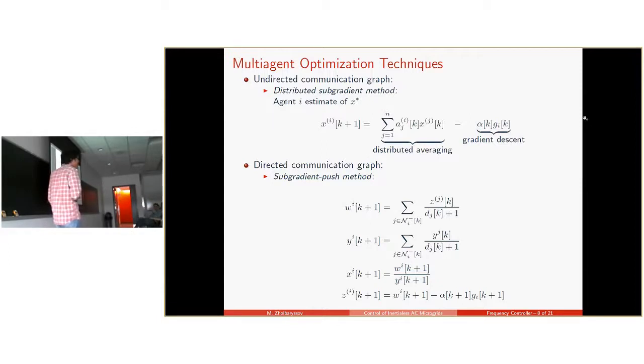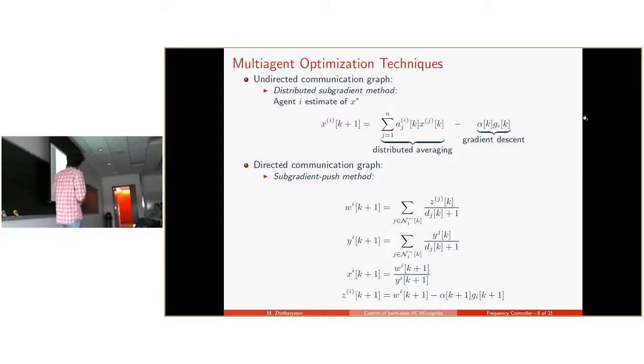Now, if we apply this method to solve a multi-agent optimization problem over a directed communication graph, we will face one issue. Some nodes which are more centrally placed in the network or more strongly connected to the network tend to be more influential than other nodes. They end up putting more weight on their information, and that will result in bias in averaging.